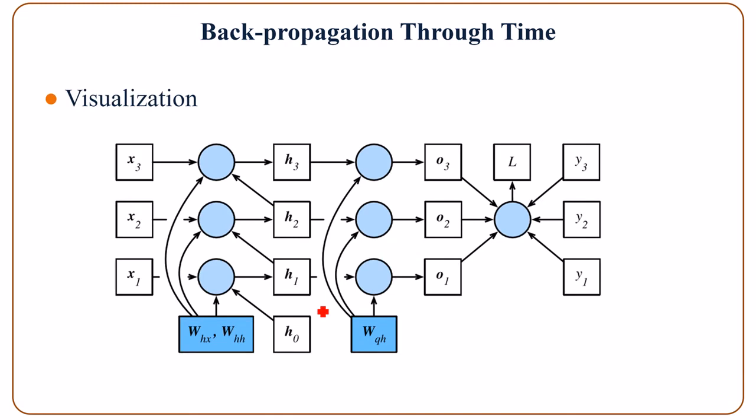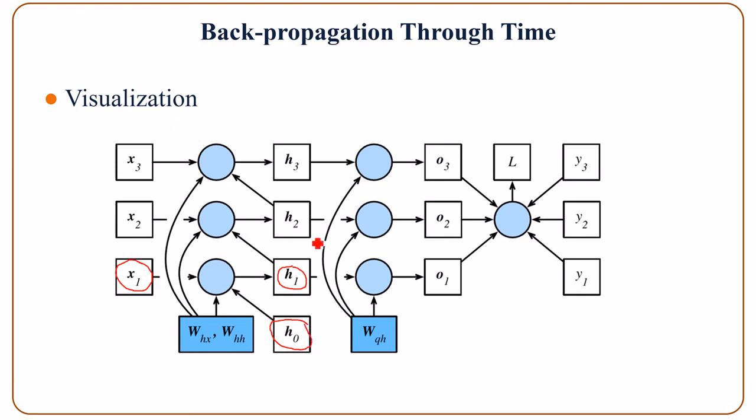This shows the visualization of the network to make it easy for you to visualize. The hidden state h_1 at time step 1 gets contribution from the input x_1 at the same time step, and also the contribution from the previous hidden state h_0.